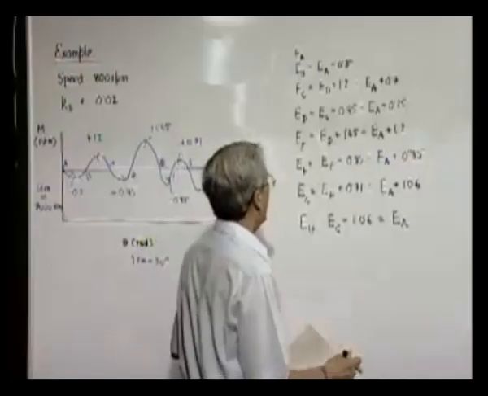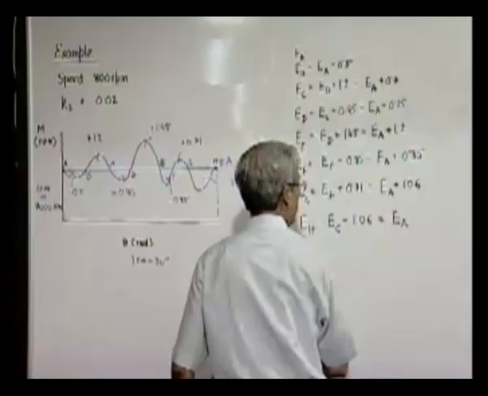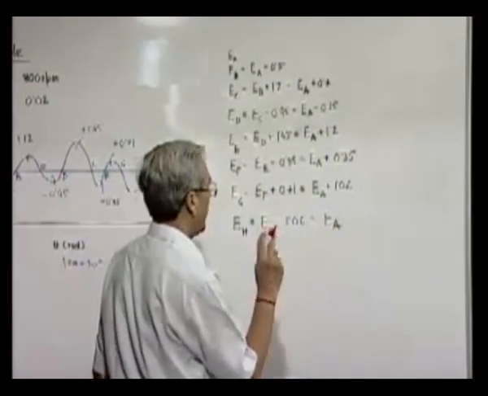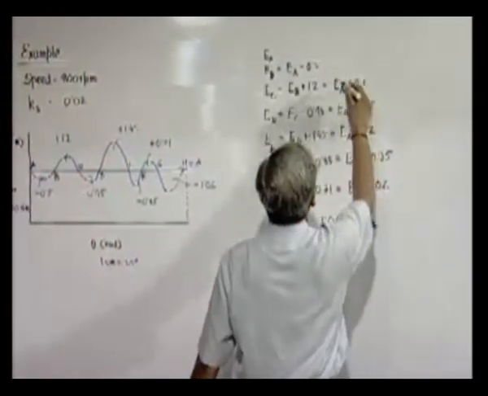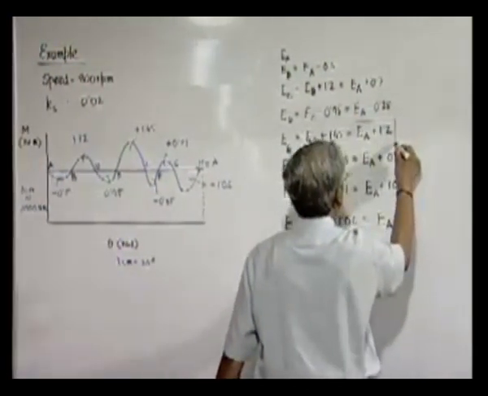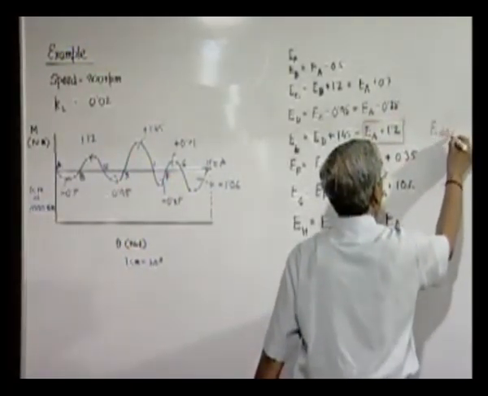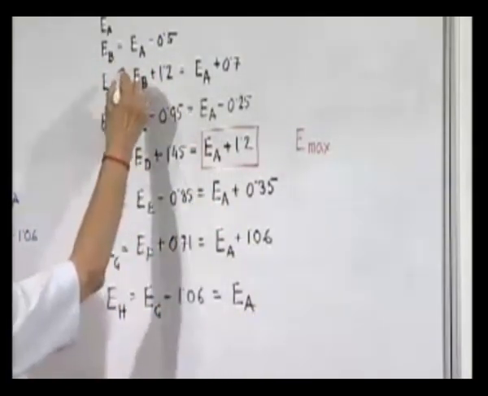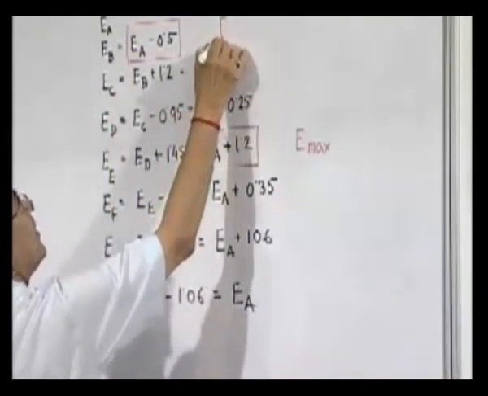Now let us see out of this which is the maximum and which is the minimum. It is not difficult to identify the maximum and minimum energy locations. We can compare all the values, EA and the others, and we find that this is E maximum and this we can find as the E minimum.